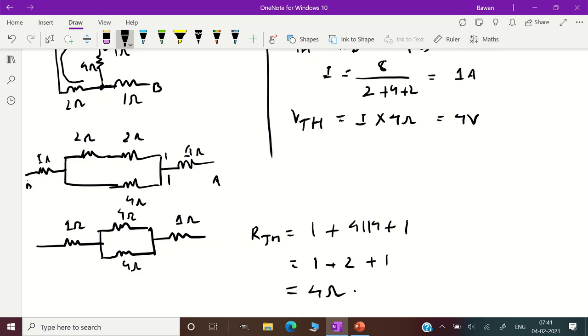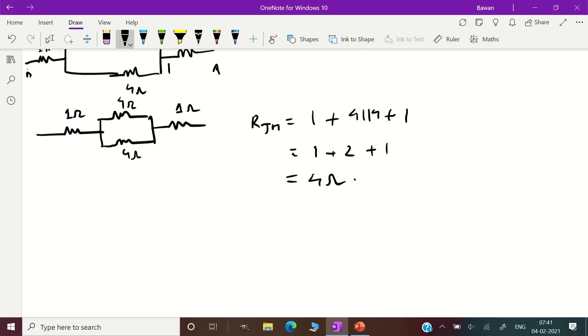And with this, what we see is that for maximum power transfer, you have to have RTH equal to RL.